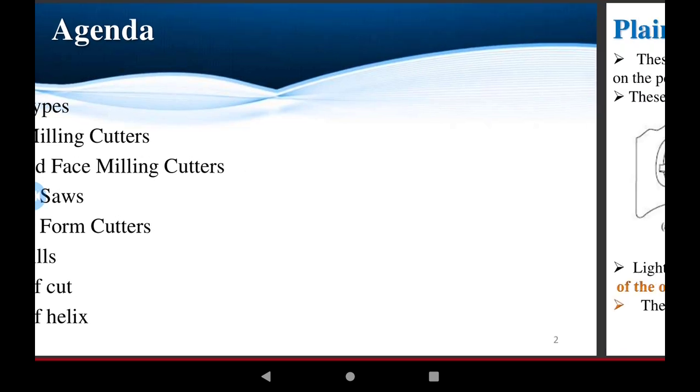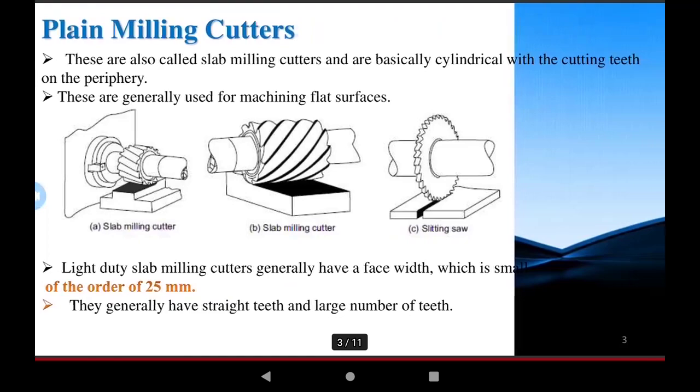The plain milling cutter. I discussed this plain milling cutter before this slide. They are also called slab milling cutters and are basically cylindrical with cutting teeth on the periphery.